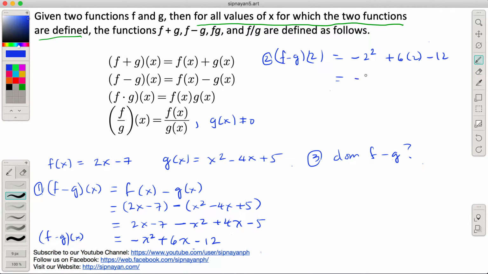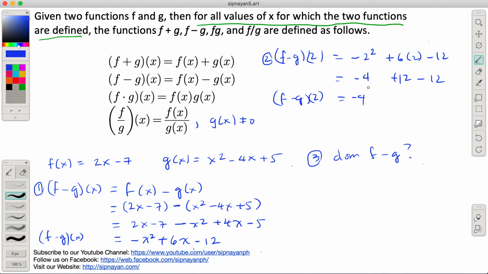So this is equal to negative 4 plus 12 minus 12. Okay, so minus 12 na siya. So this is negative 4. F minus g of 2 is equal to negative 4.